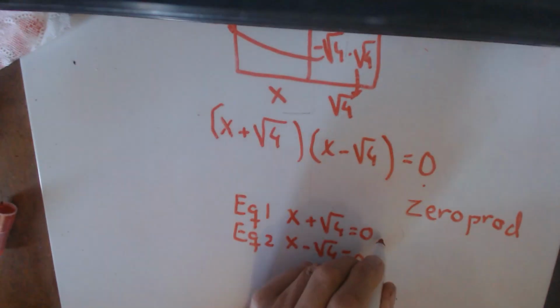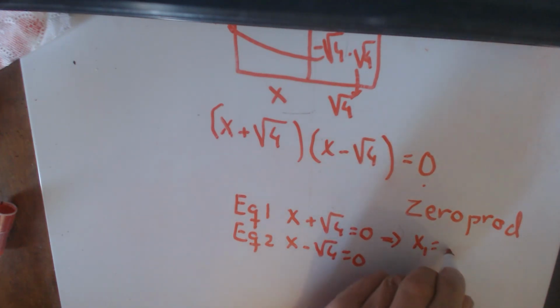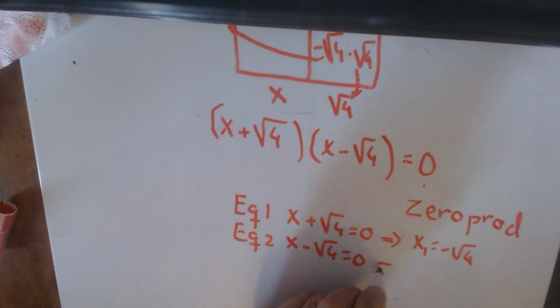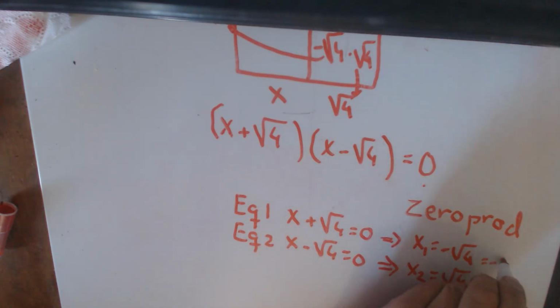So you have x1 is minus square root of 4, and then you have x2 is square root of 4. This is also minus 2 and 2.